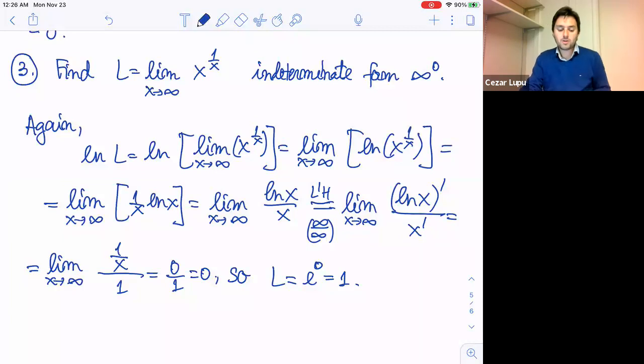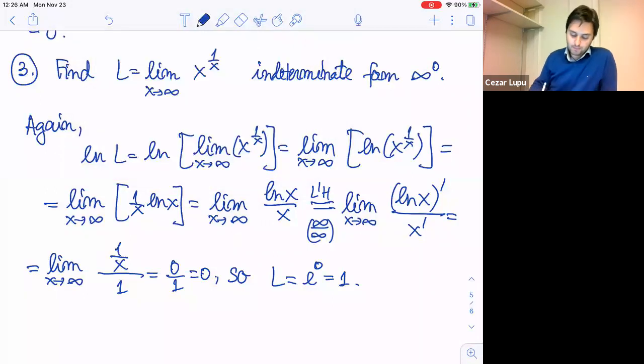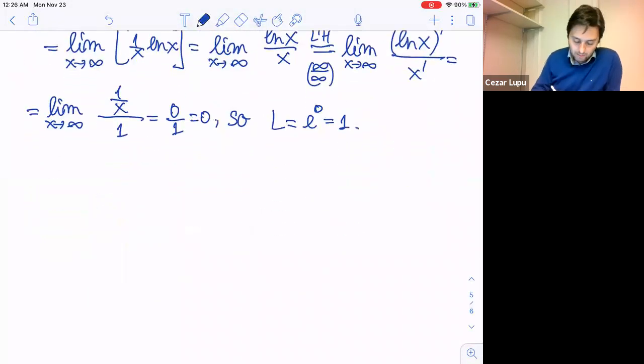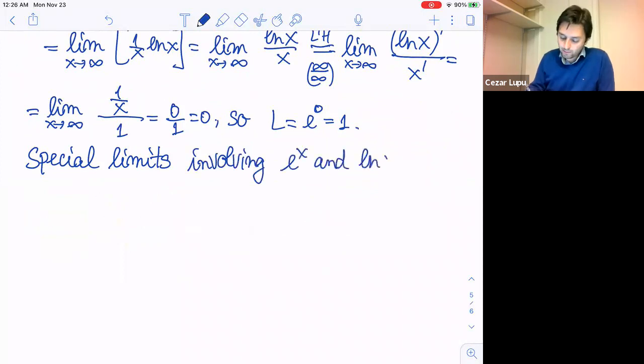And now, let me mention one last thing before I go. Special limits involving e to the x and ln of x.